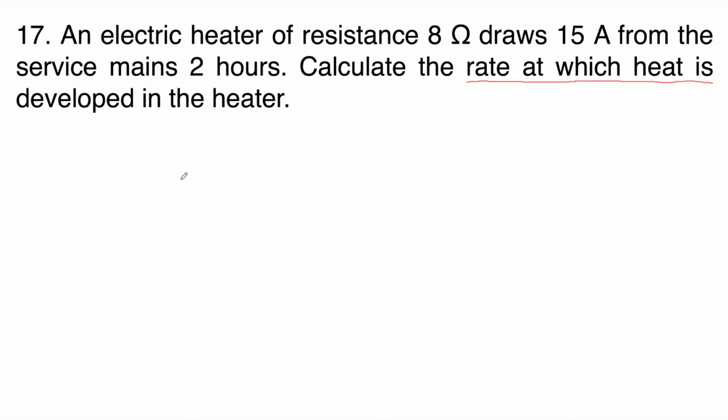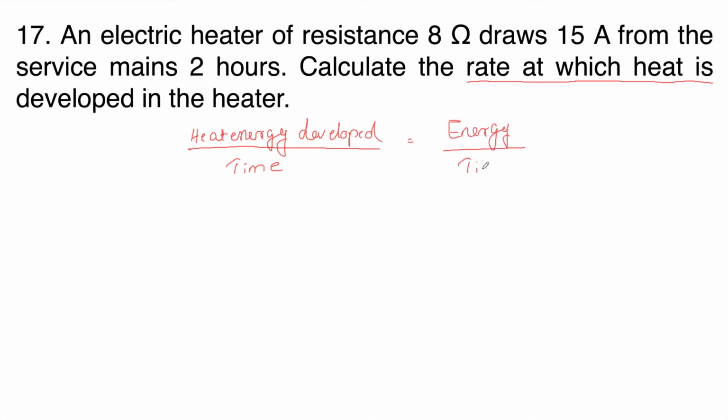The rate at which heat is developed means heat energy developed by unit time. So that means energy by time. What is energy by time? That is power. Okay, so we should find out the power here.